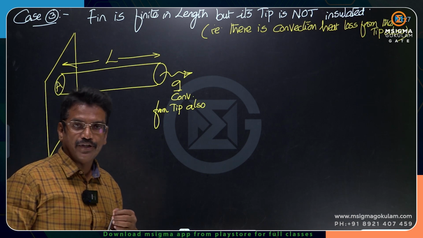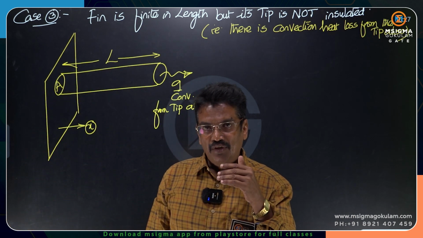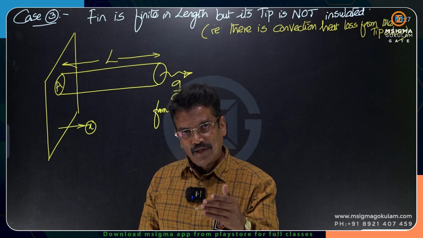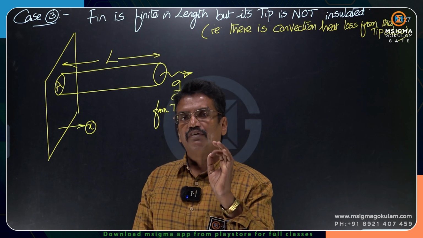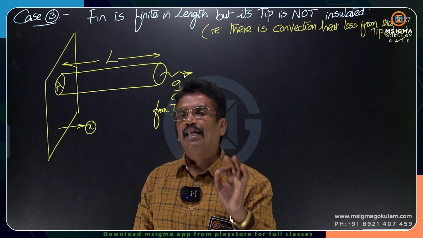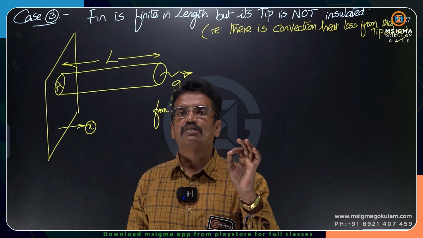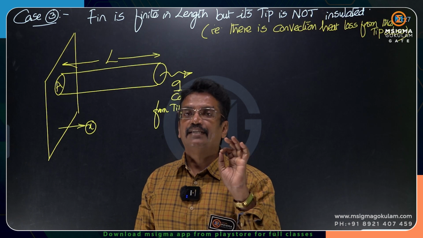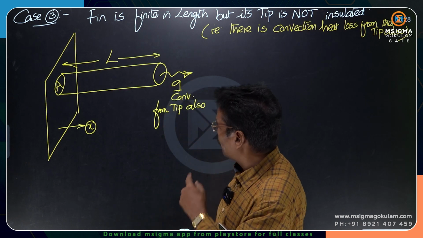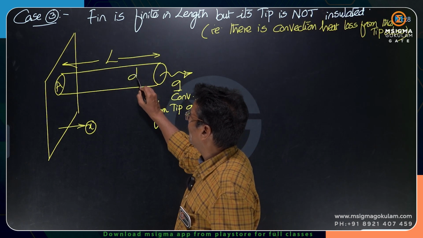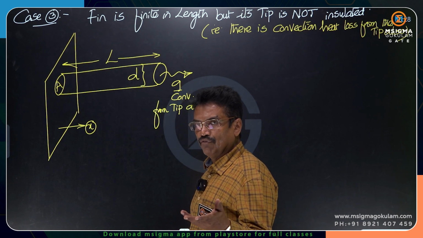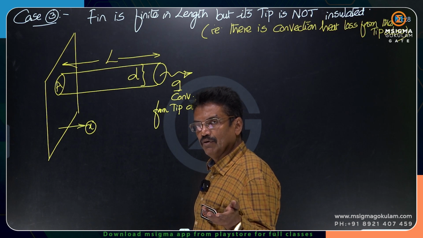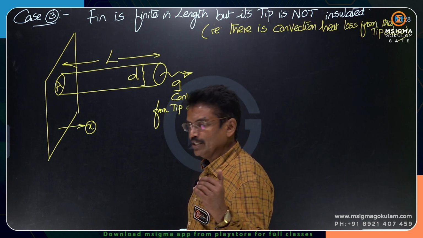Whatever formula we have given for the insulated tip case, we can use for this case also, but with the slight correction that the L in the formula we replace with LC, the corrected length. D is the diameter of the pin fin. If it is a rectangular fin, the corrected length will be L plus T by 2.